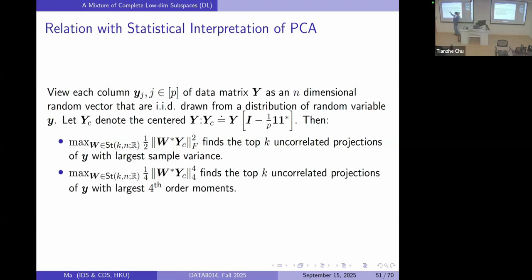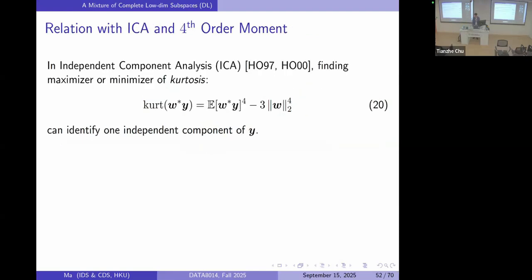This covariance is the second moment, this is the third, this is the fourth moment. What else is doing the fourth moment? ICA is doing this. It turns out Oja and colleagues in '97 were playing with this before the score function.